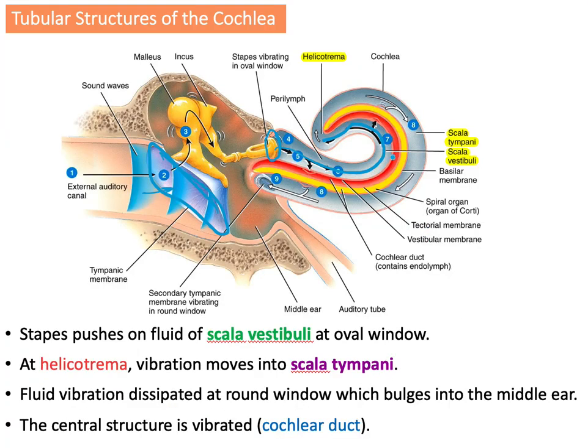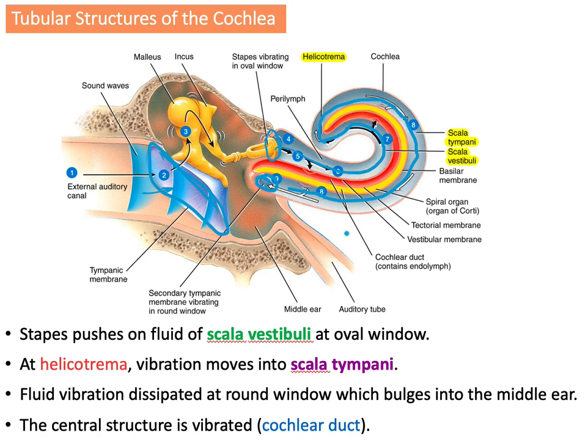Once it reaches the helicotrema, it continues into the other channel, which is the scala tympani, right? All the way until it is dampened or dissipated at the round window that's covered by the secondary tympanic membrane.